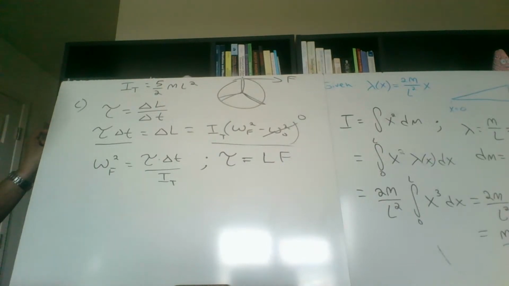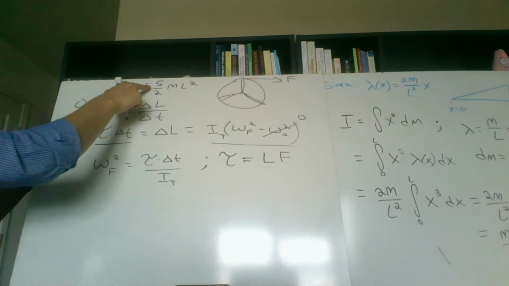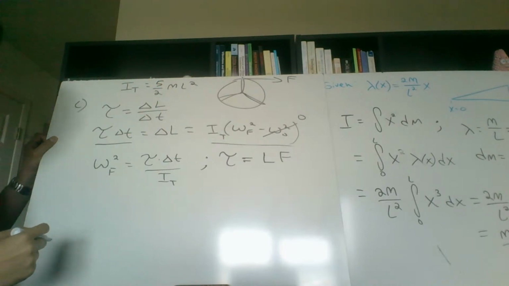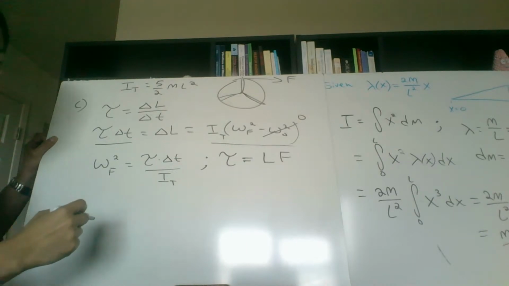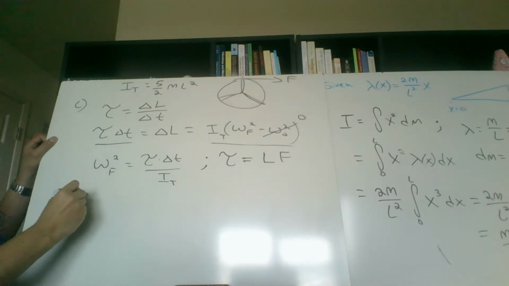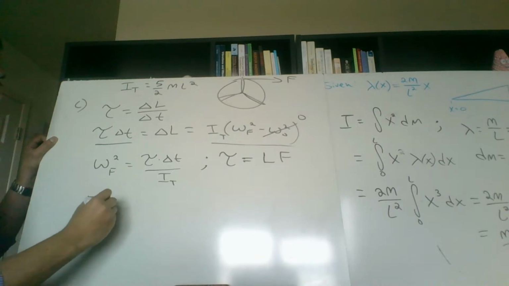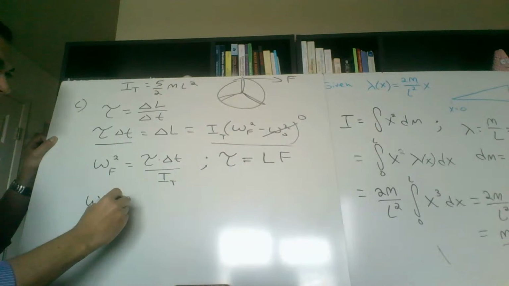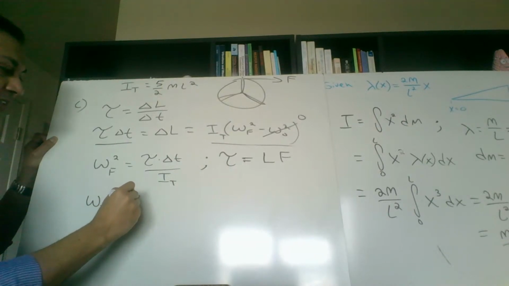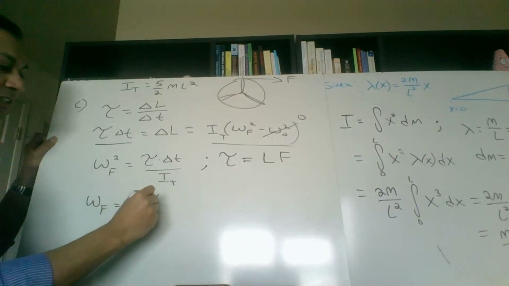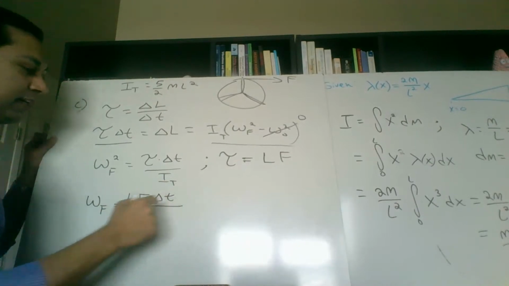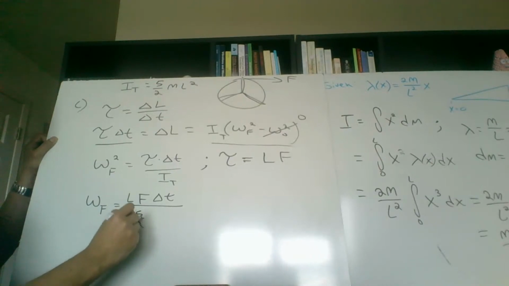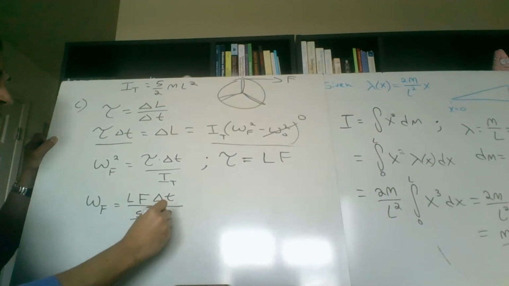We also know what I is equal to. I is equal to 5 over 2 ml squared. So what we end up with is W final is equal to torque, which is L times F, so L times F times delta T divided by I total, which is 5 over 2 ml squared.